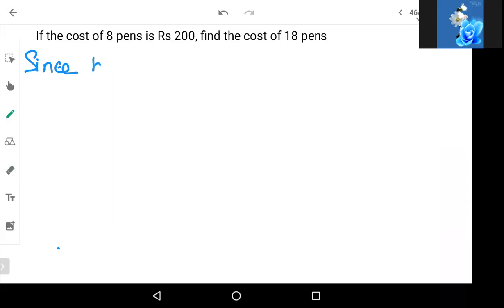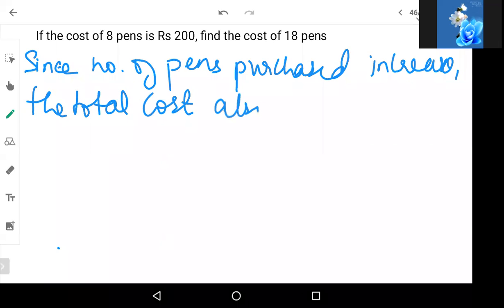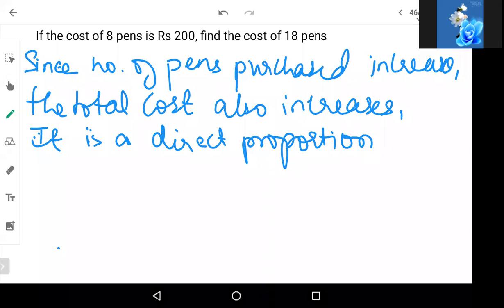Since the number of pens purchased increases, the total cost also increases, because if the number of pens increases, the total cost of the pens also will increase. So it is a direct proportion.